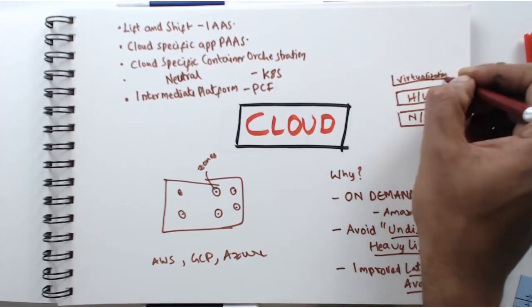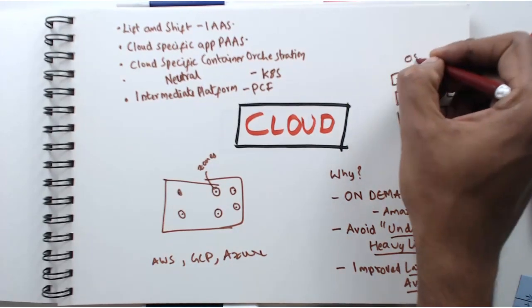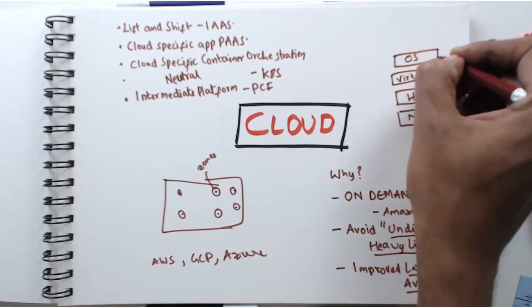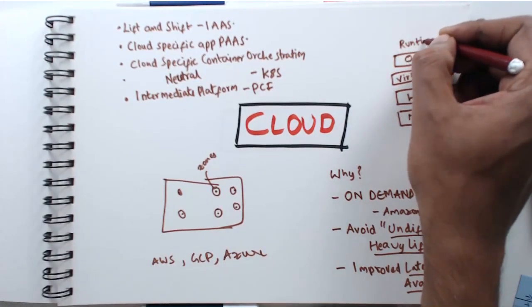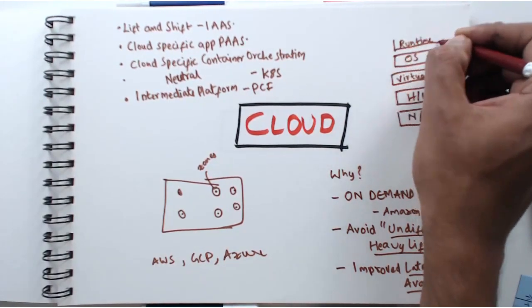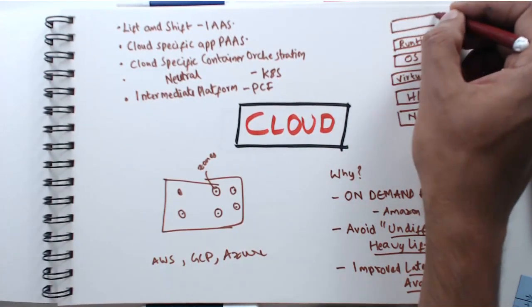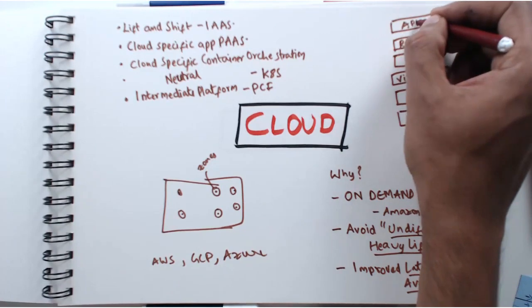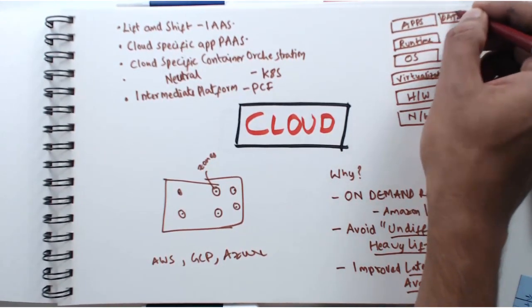On top of it, you would want to install the operating system. On top of it is where you would have your runtime. So the runtime can be application runtime, container runtime, or whatever it can be. And on top of it is where our apps run. So finally your apps, your data, everything is at this particular layer, right?